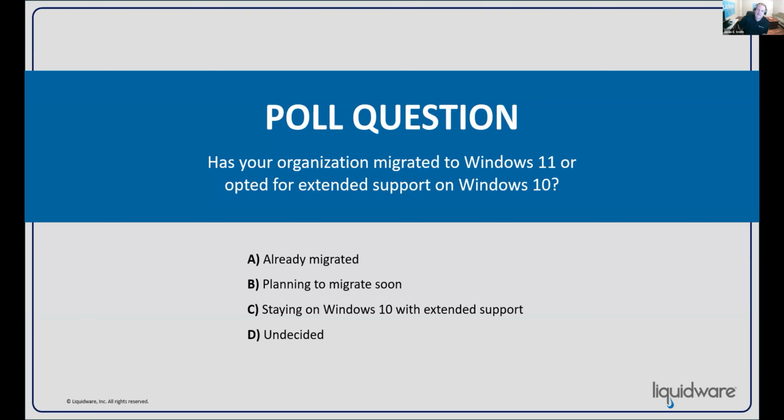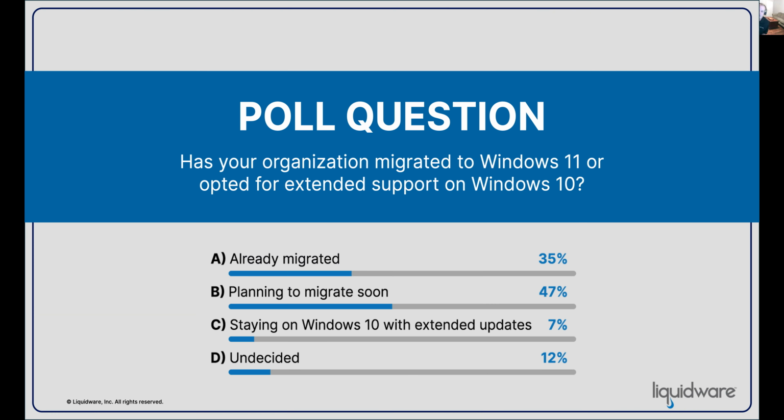Let's see what the results are, Andrew. Oh, interesting. Wow. Already migrated 35%, planning to migrate, so there we are at the inflection point. Interesting, 47%. We got another question in about migrating Citrix profile containers to ProfileUnity.